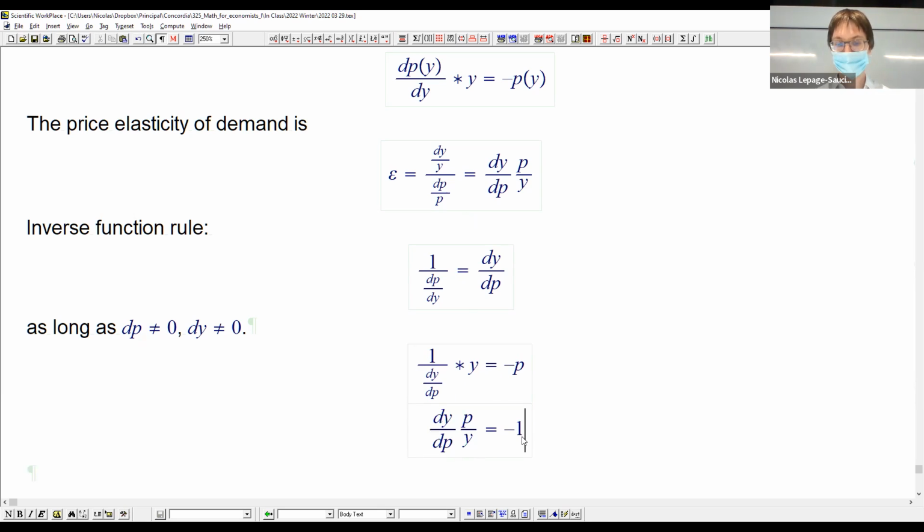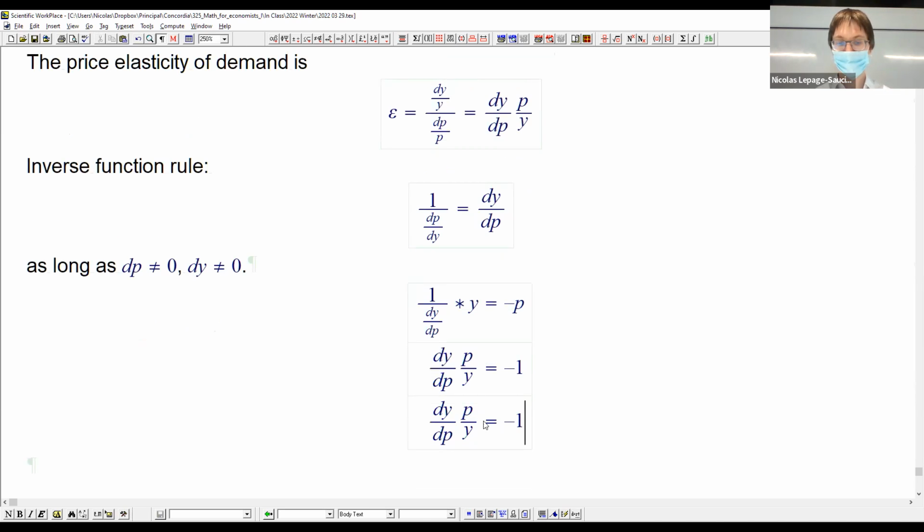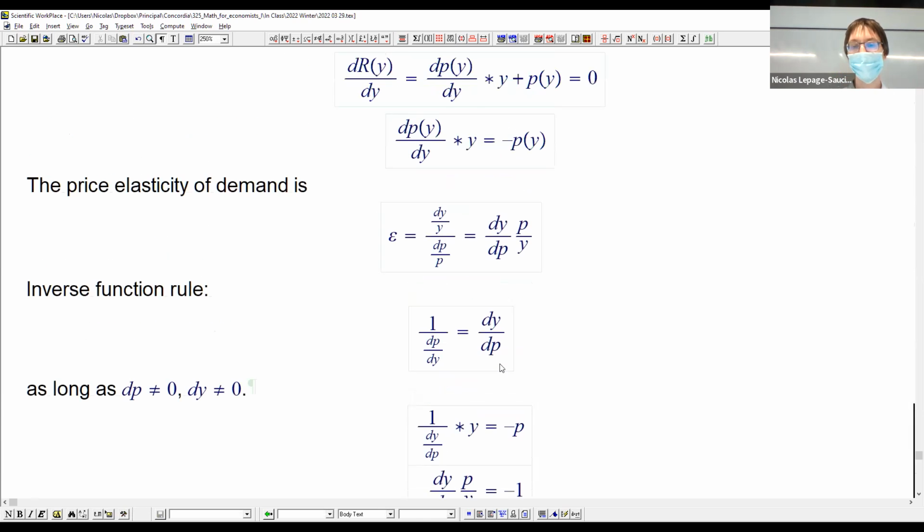And this is, of course, a very straightforward way of showing it. So you just maximize, and you remember that this derivative can be the reciprocal of this derivative, and you're good.